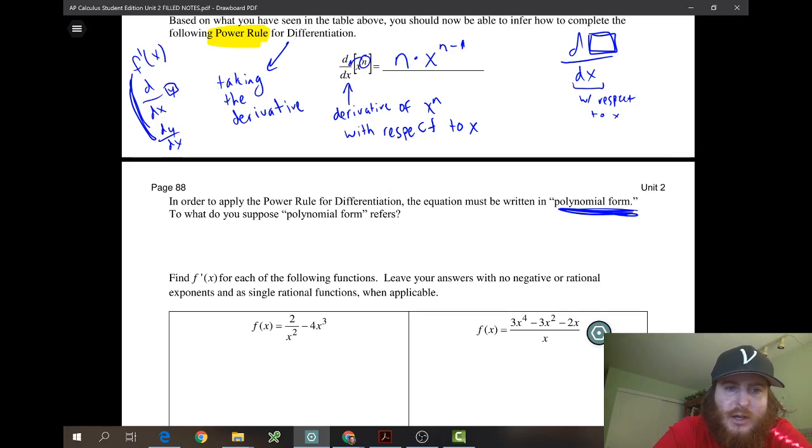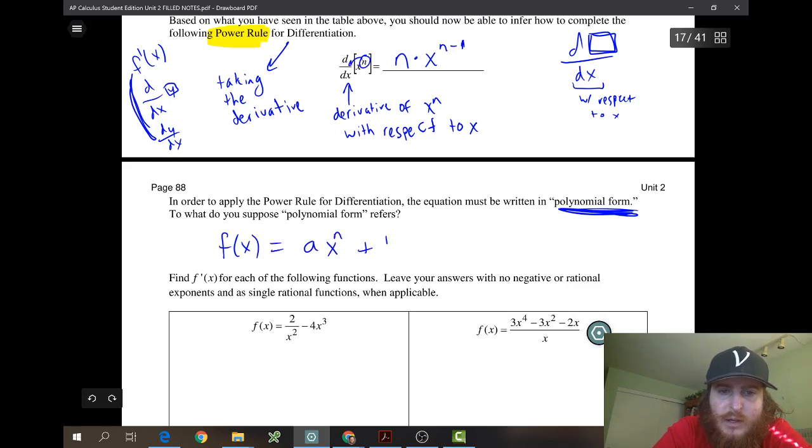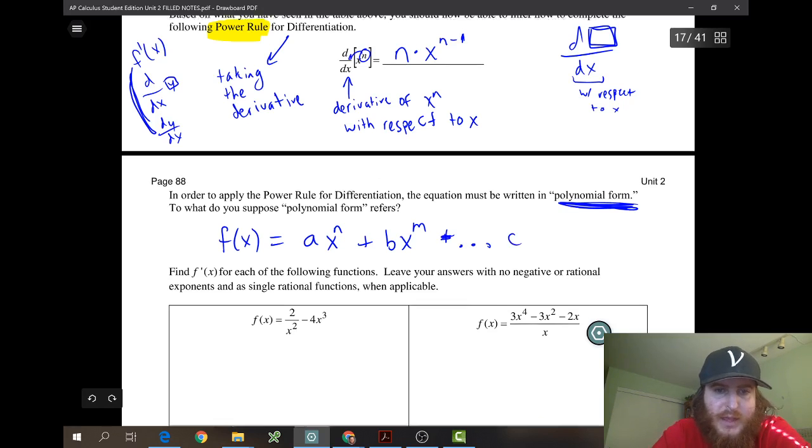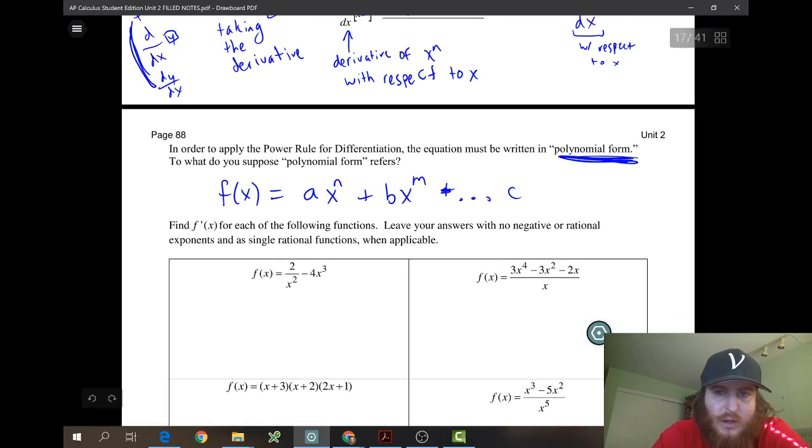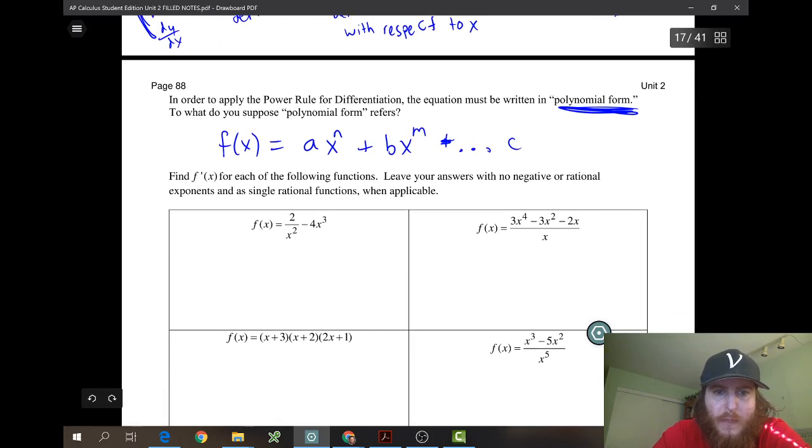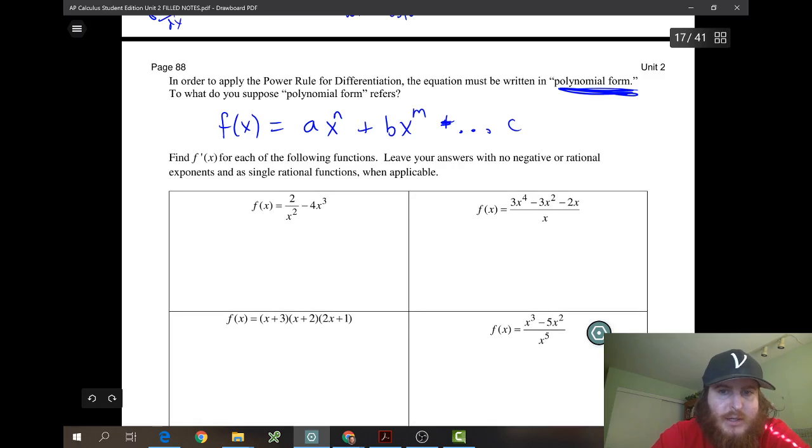So essentially, f of x has to look something like this: ax to the nth power plus bx to the n minus 1, or some other, we could call it mth power, plus dot dot dot. Eventually at the very end you could have a constant, a c. So here this is not written as a polynomial.